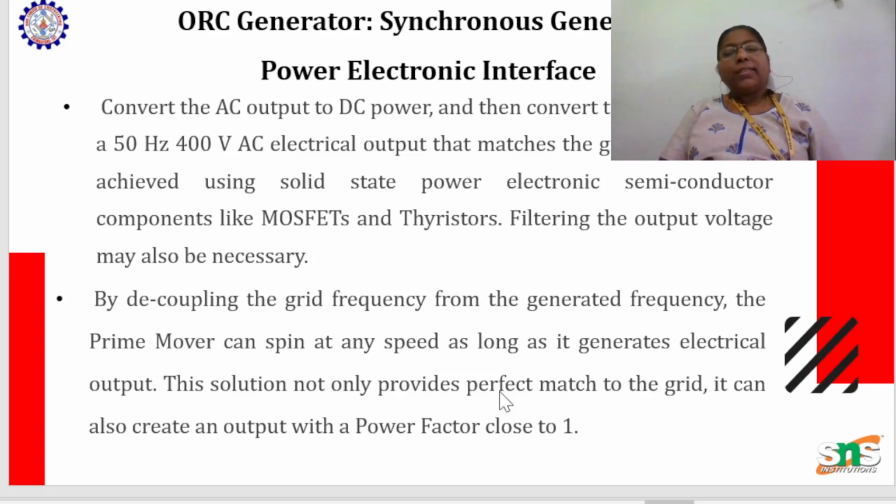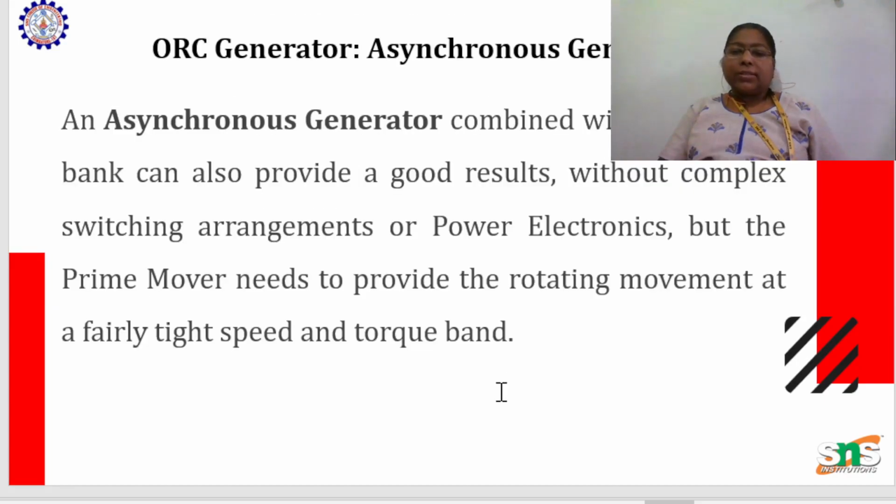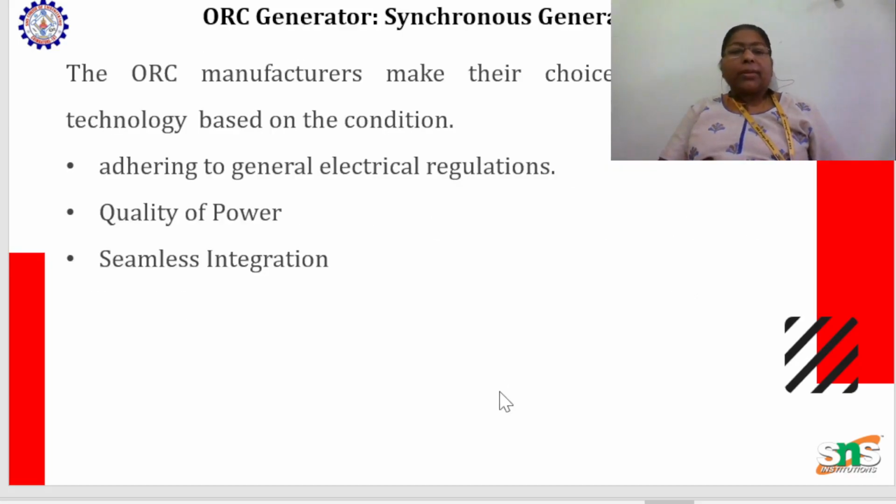And you can try to achieve a high power factor also with power factor correction circuits. If it is going to be an asynchronous generator, then you need to use a capacitor bank arrangement at the output. That is also there.